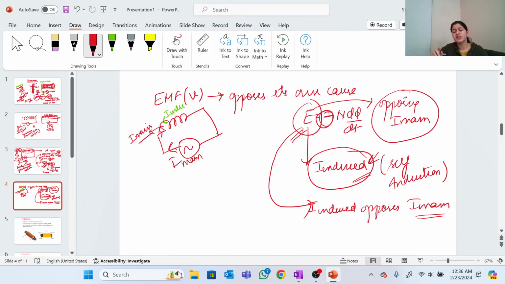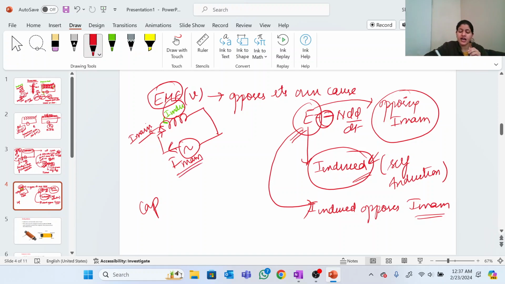So these are the two different currents, and this is also one of the reasons that the change in current in an inductor is not instantaneous. The way we have discussed that a capacitor does not allow sudden change in voltage, similarly the inductor does not allow sudden change in current, because there is something continuously opposing or trying to maintain it constant.